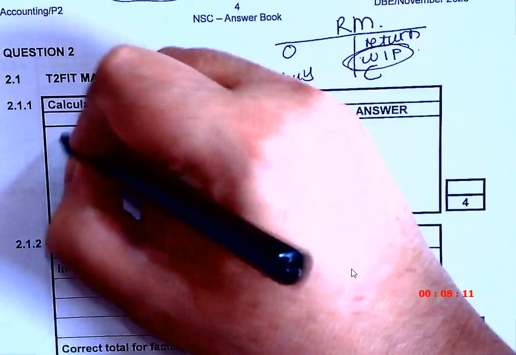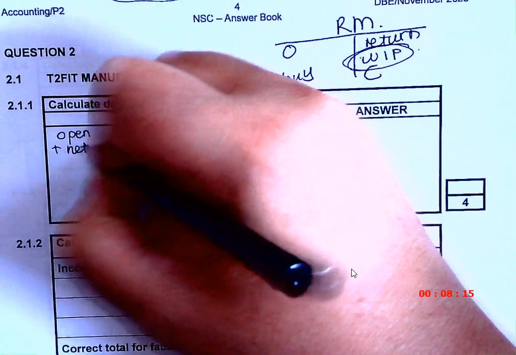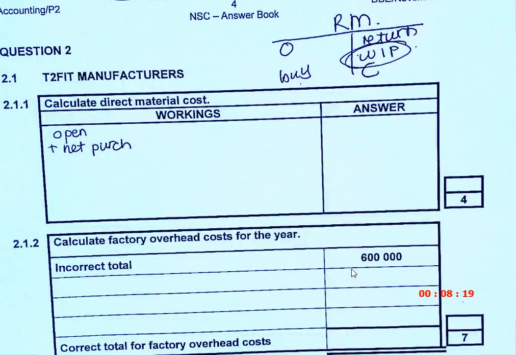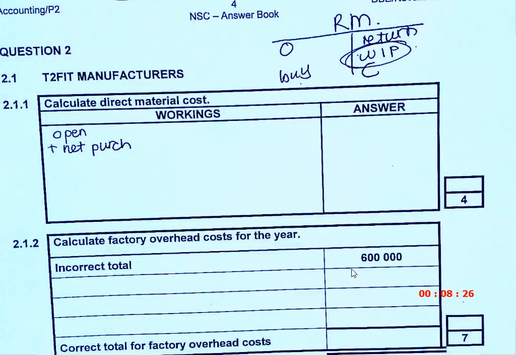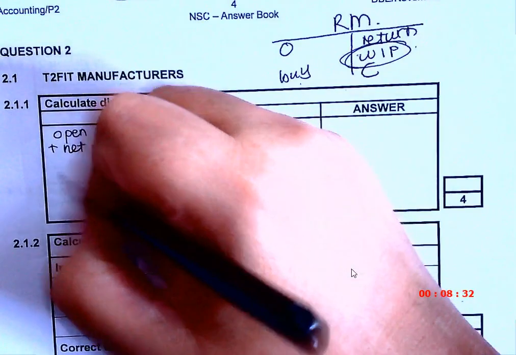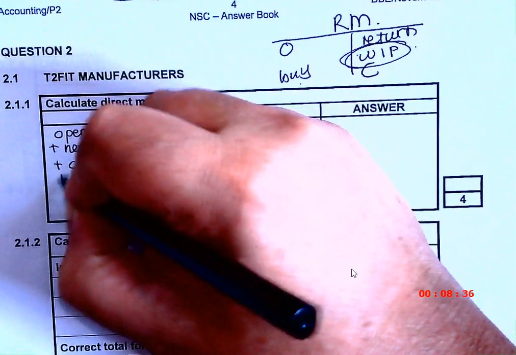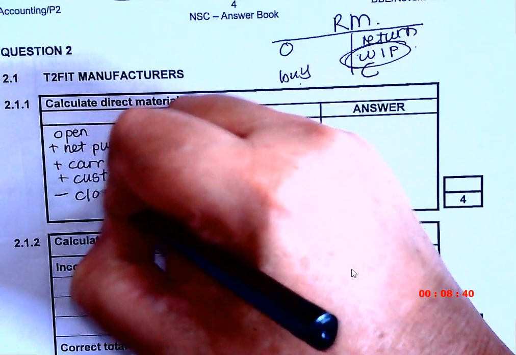And the vertical is the opening plus the net purchase. Because the word net is there, it means I subtracted what? The stuff I returned. Net. Okay. And also if there were drawings, if there were donations, everything that I subtracted. Then I will add carriage and customs, and I will subtract the closing.